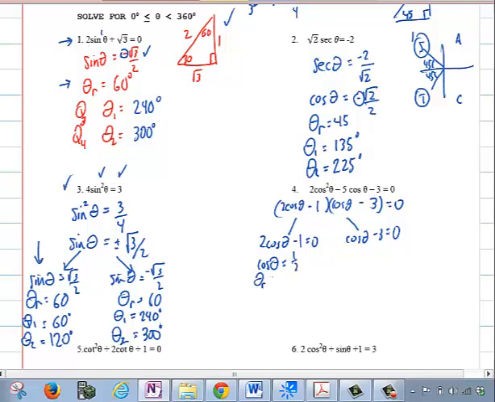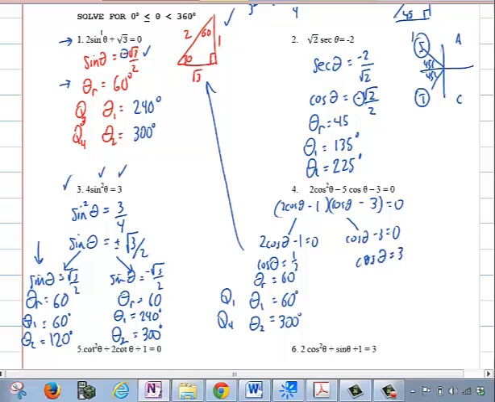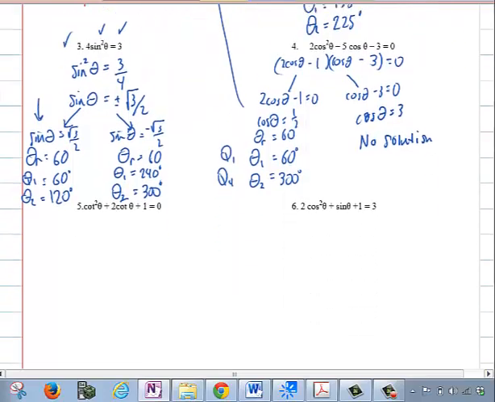That means my reference angle is 60 using that triangle. Because it's a positive ratio, I'm in quadrant 1 and quadrant 4 for cosine, and that'll mean that I have a 60-degree angle and a 300-degree angle. Over here, I have the cosine of theta is equal to 3, which has no solution. As we discussed, it's because the range of cosine is only between 1 and negative 1.